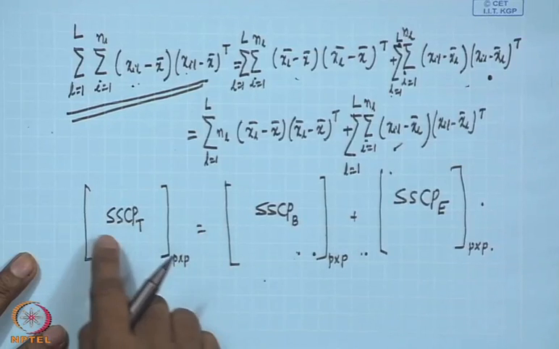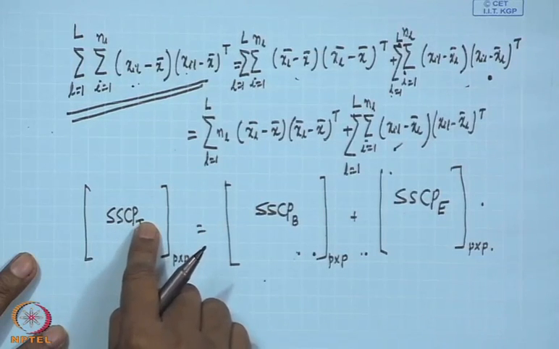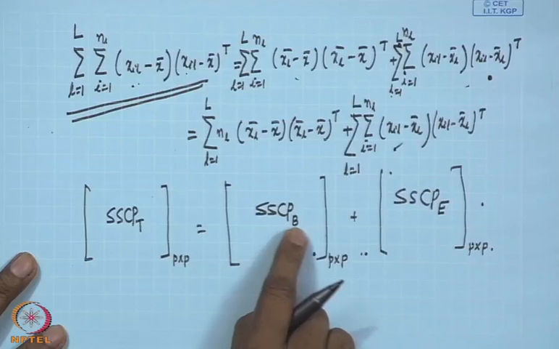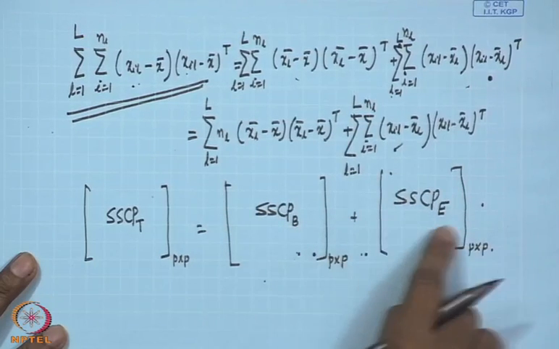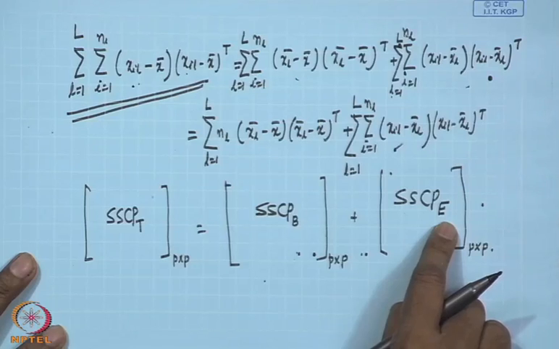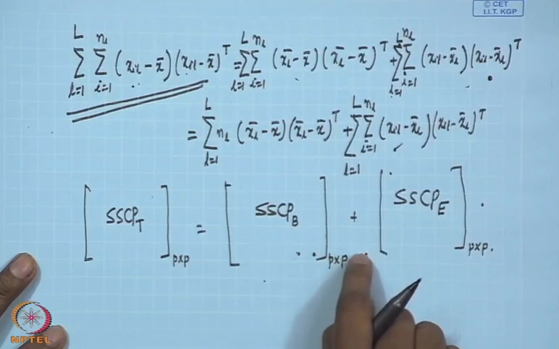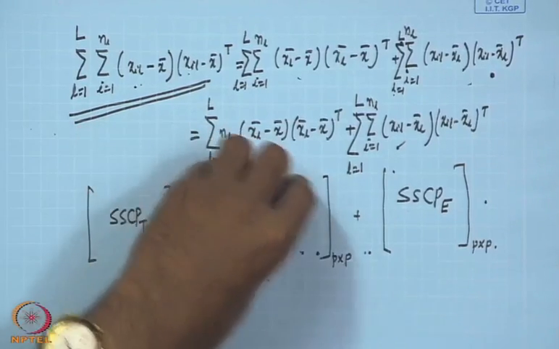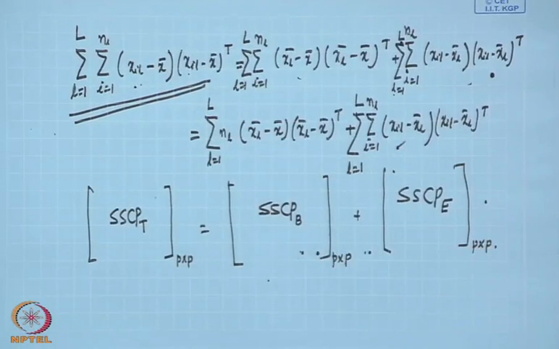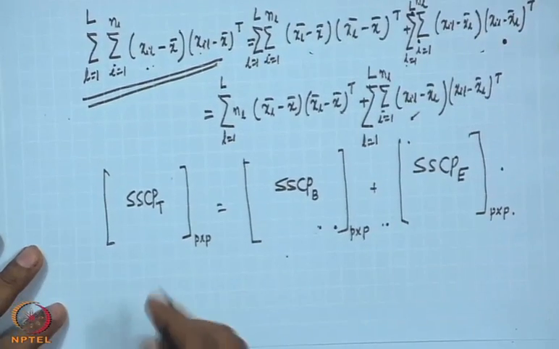So, total sum square cross product is equal to between sum square cross product plus error sum square cross product. This is the difference from ANOVA, a big difference from ANOVA. In ANOVA you will be getting a scalar quantity everywhere.